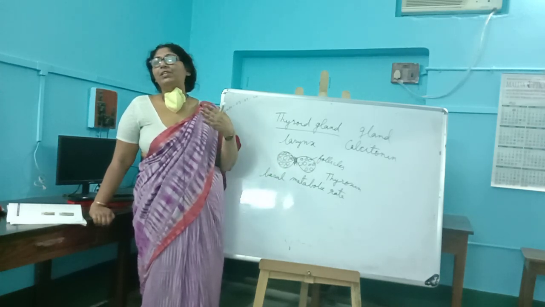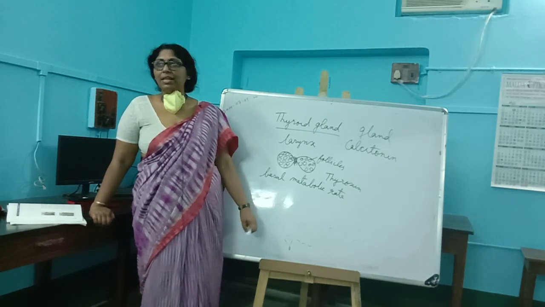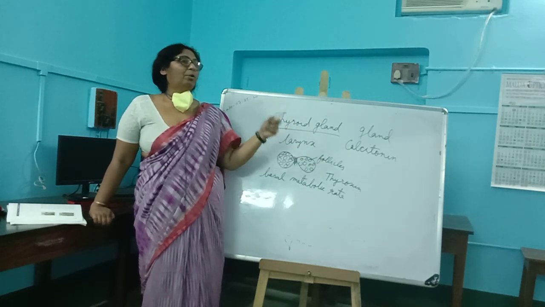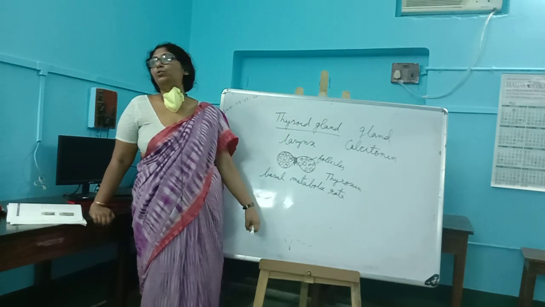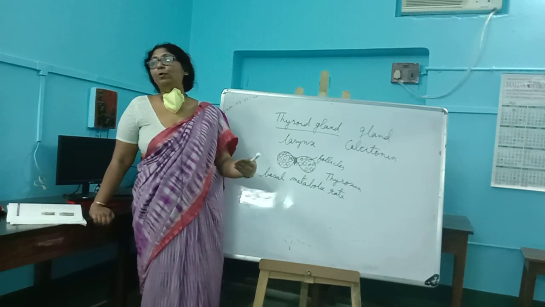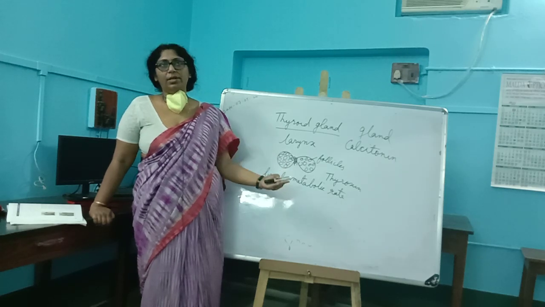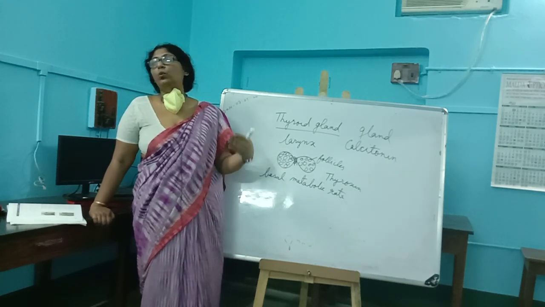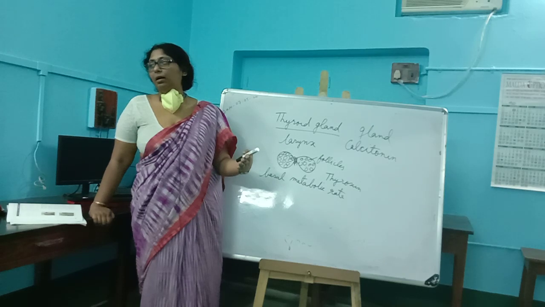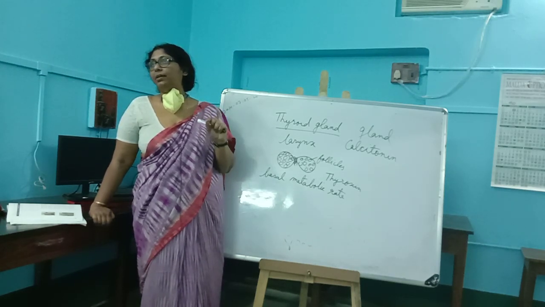The blood circulation will also be slow in your body, heartbeat will be slightly affected, so the general metabolic rate will also fall. So these are some of the symptoms of what? Hypothyroidism. Hypo means less. When thyroxine is less in the body, metabolism is also less. So when metabolism is less, weight is more. The person doesn't feel like working, because you don't get the energy to work due to the less metabolic rate.